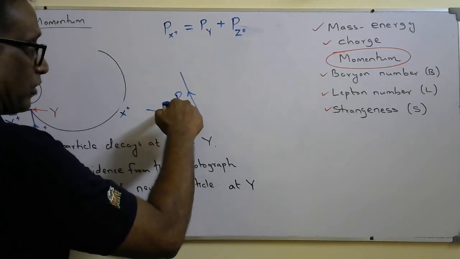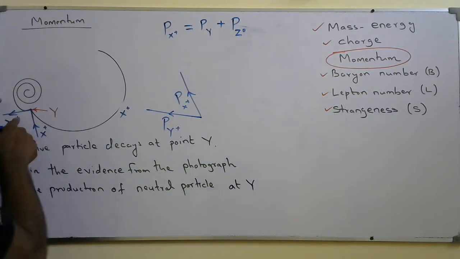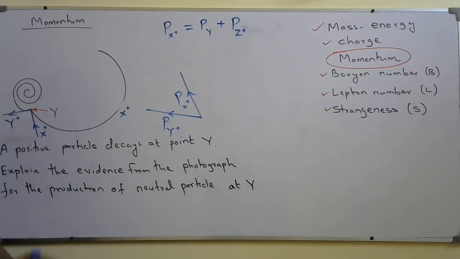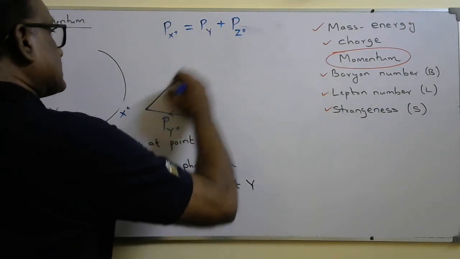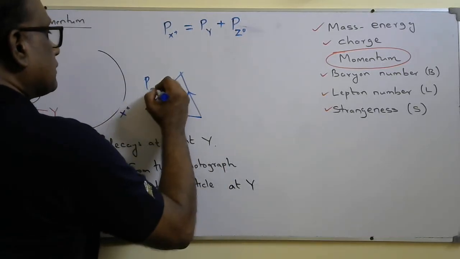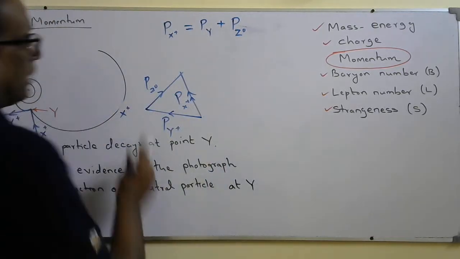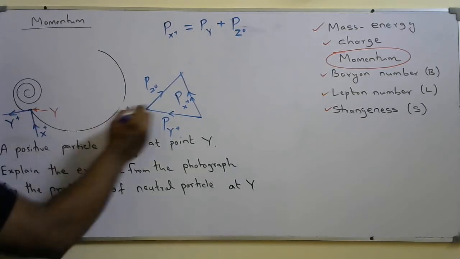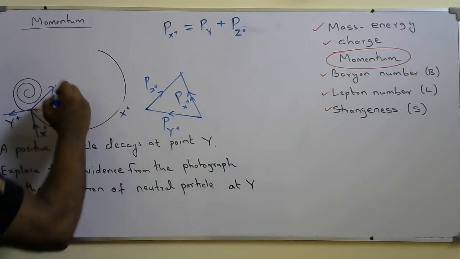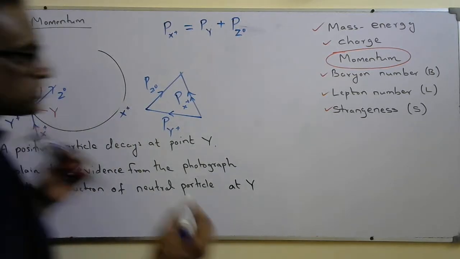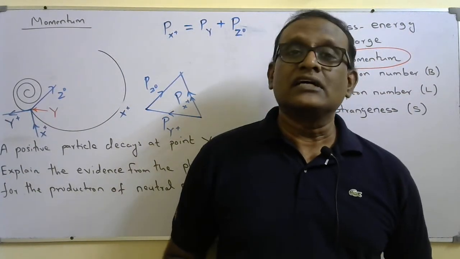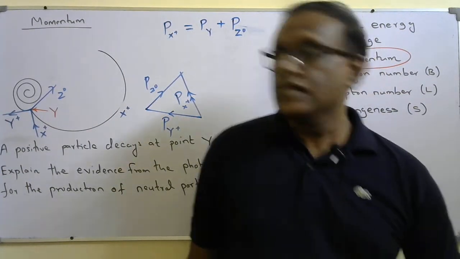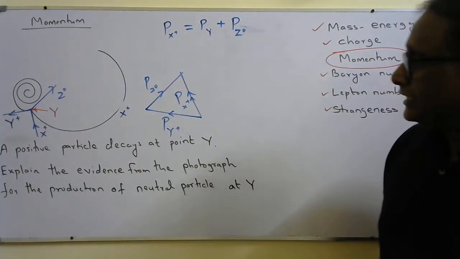I know the momentum of x, I know the momentum of y, I can get it from the tracks. So momentum of z must be something like this. So I can find out the z would have gone something this way. Okay, so like this, no calculations, but we can have explanation type of questions based on conservation of momentum.